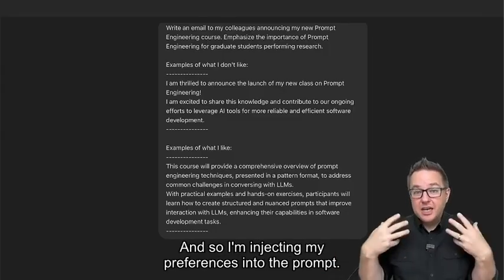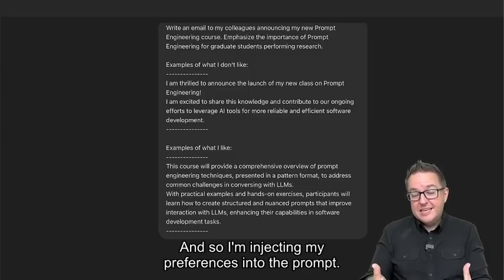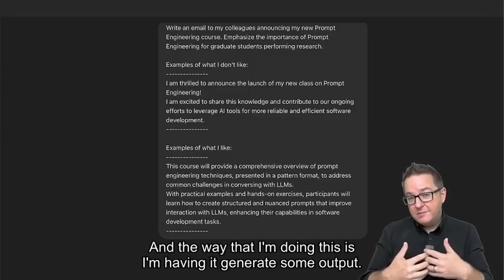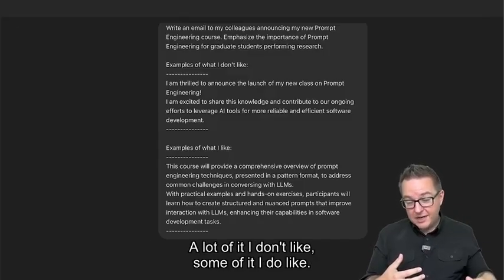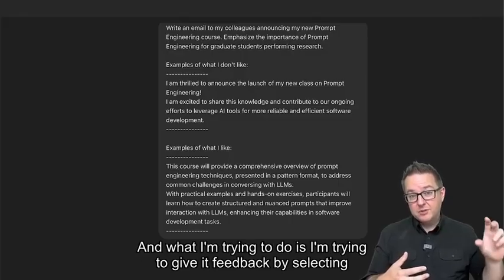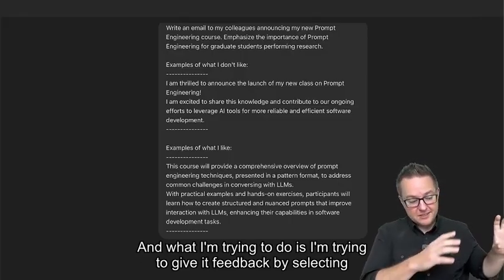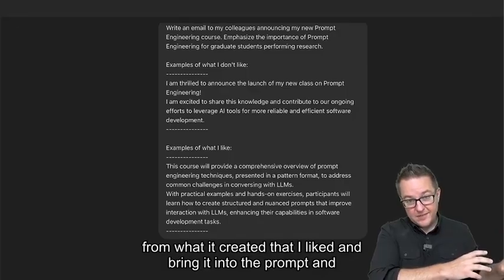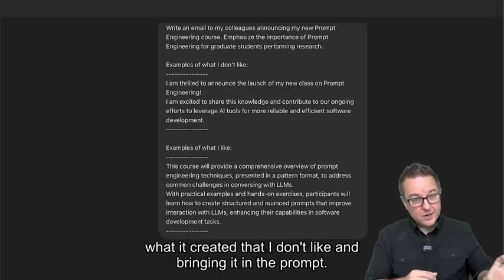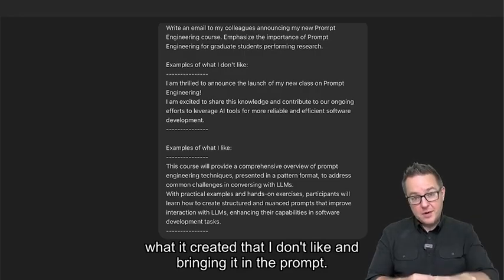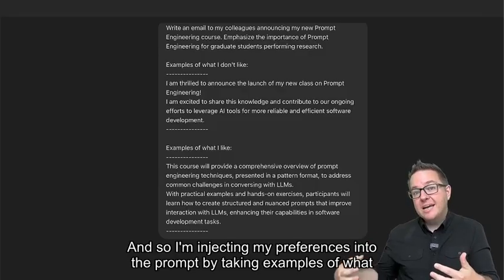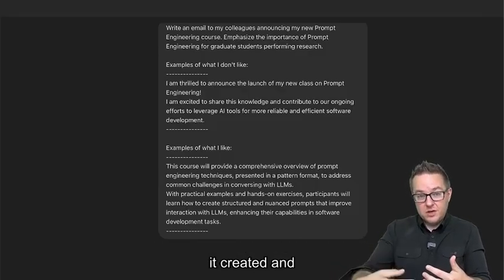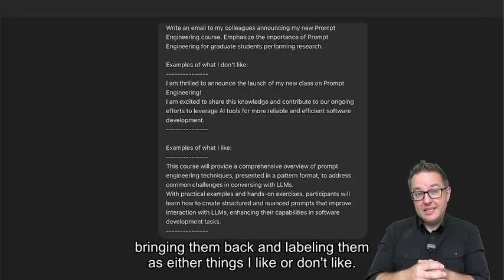And so I'm injecting my preferences into the prompt. The way I'm doing this is I'm having it generate some output. A lot of it I don't like, some of it I do like, and what I'm trying to do is give it feedback by selecting from what it created what I liked and what I don't like, and bringing them into the prompt, labeling them as either things I like or don't like.